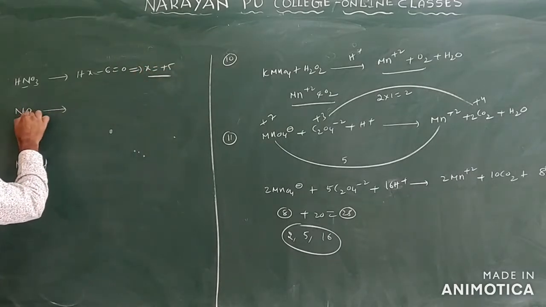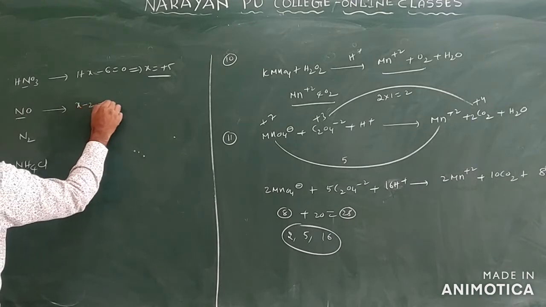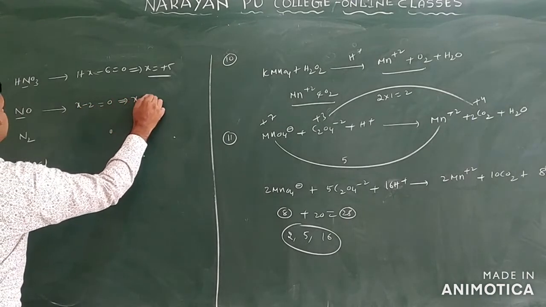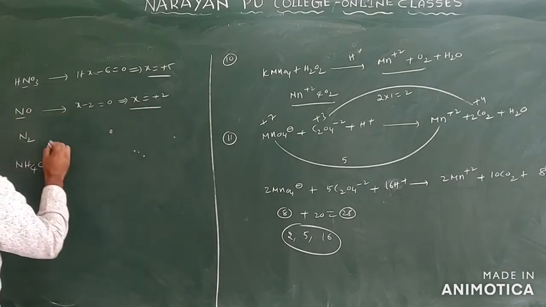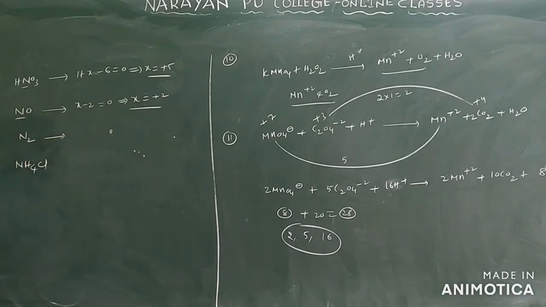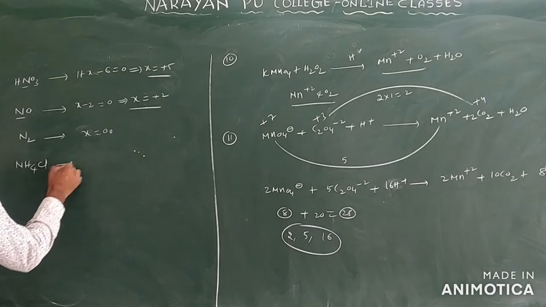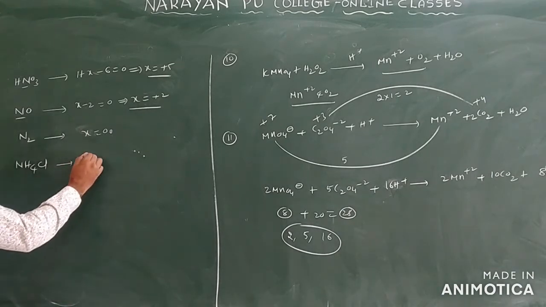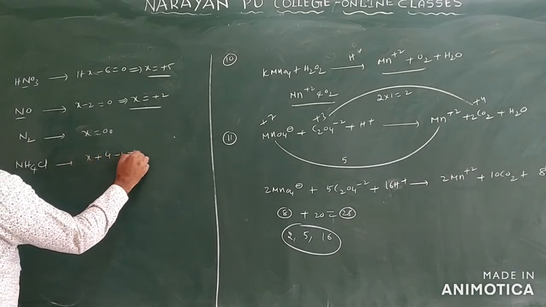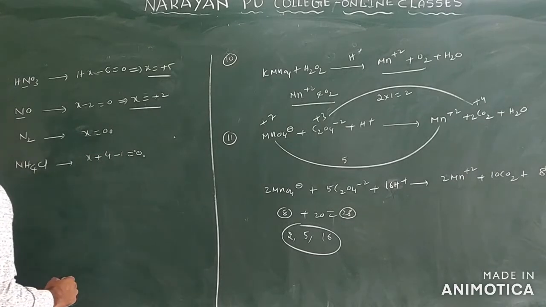Here in NO, x minus 2 is equal to 0, so x equals plus 2. Here N2 is in elementary form, so the elementary form oxidation number is 0. Here in ammonium chloride, x plus 4 minus 1 is equal to 0.